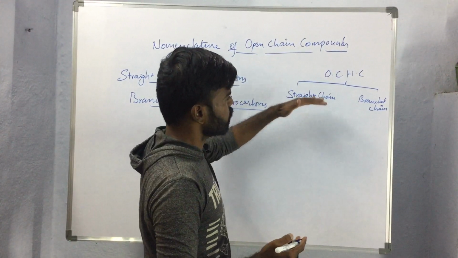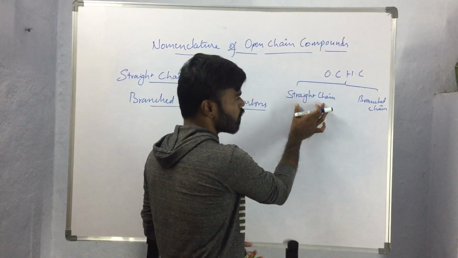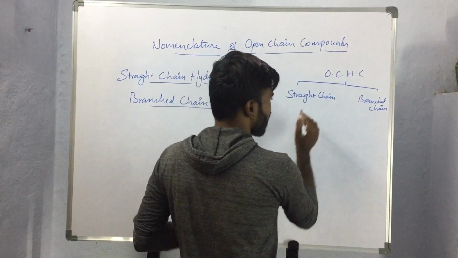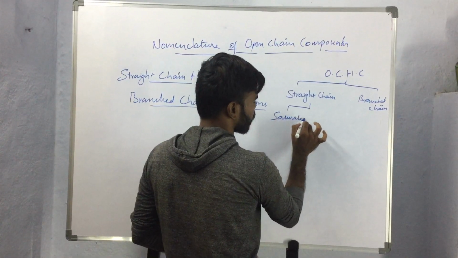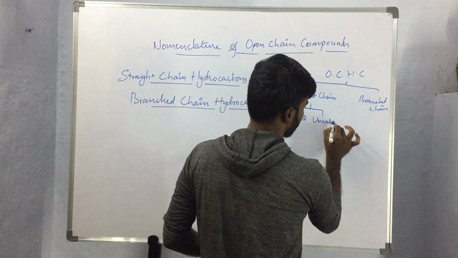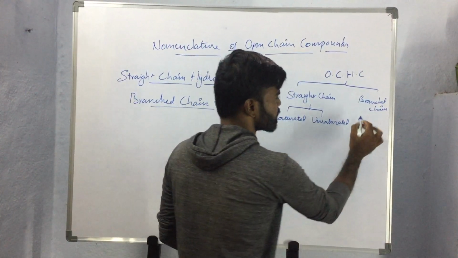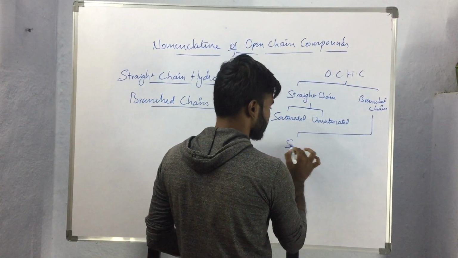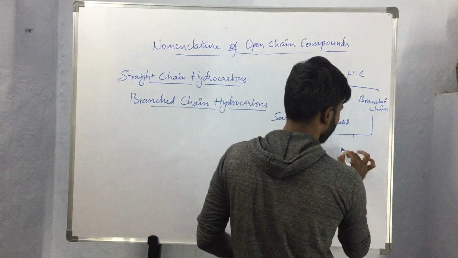Among these, we already discussed the nomenclature of straight chain compounds, both saturated and unsaturated. In this video, we will be discussing the nomenclature of branched chain compounds, both saturated and unsaturated.